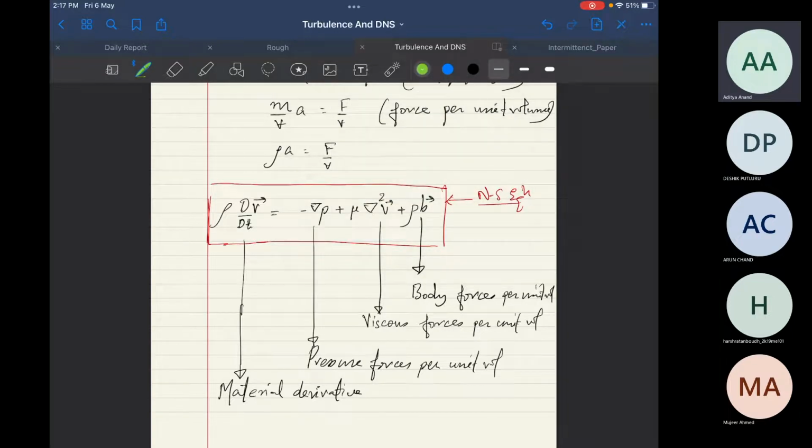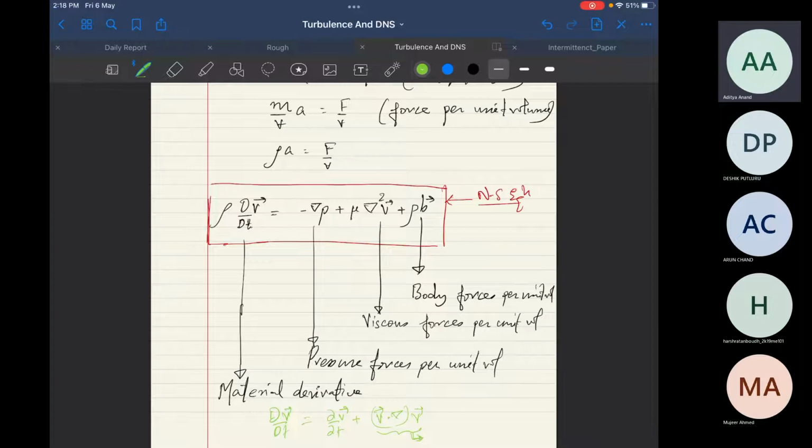It will include the time derivative, that is the acceleration because velocity changes with time, and it will have your convective derivative, v dot del v. This term is the acceleration that a fluid particle would experience as it moves through the medium.